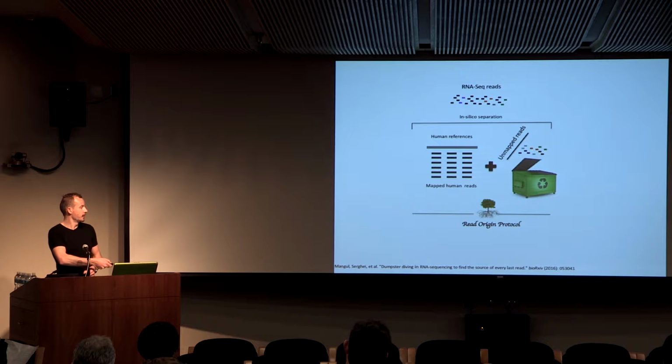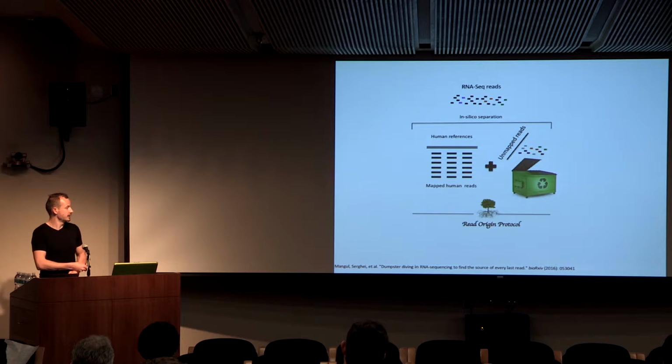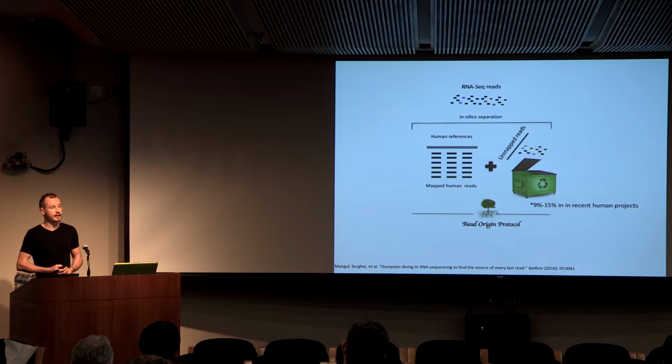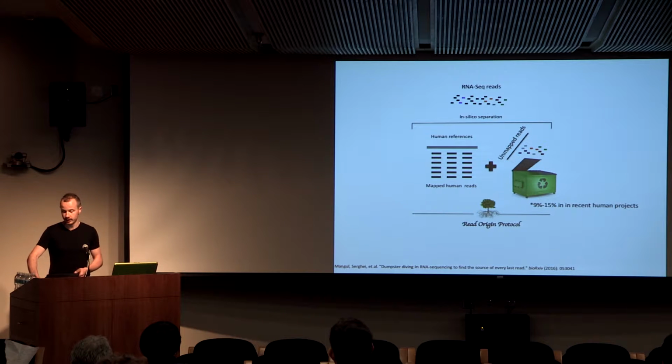The paper about the protocol is online, called Dumpster Diving in RNA-Sequencing to Find the Source of Every Last Read, on bioRxiv. Usually the unmapped reads account for 9–15% of all the reads in current big studies like GTEx or TCGA.